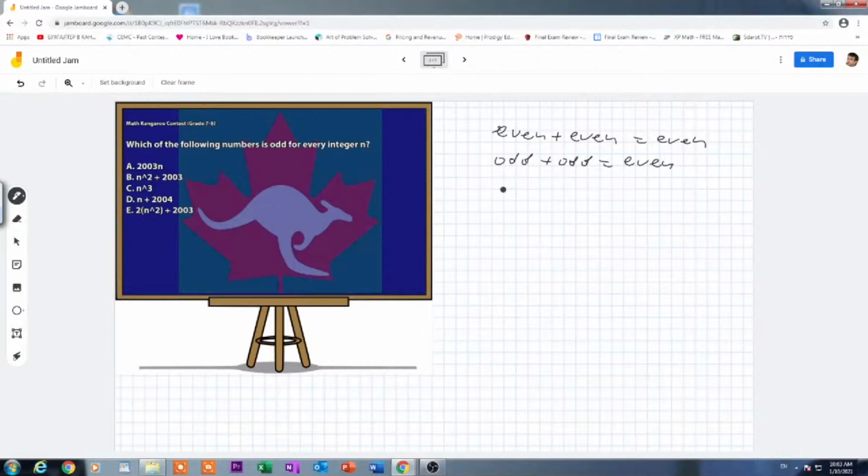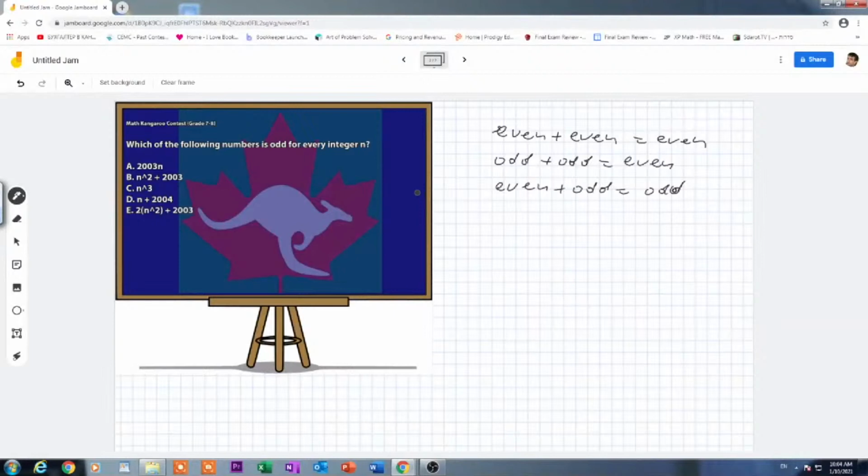So the only option when we get odd number is when we add even plus odd. We get odd number. Okay, let's see where we get odd number. So part A, 2003 times n. So not always odd number, right? So if n is even, the result will be even.